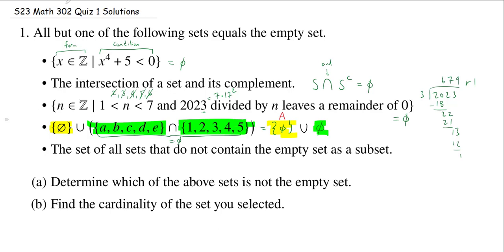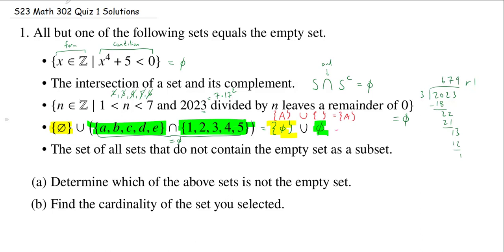But again, let me rewrite this using our other notation for the empty set, which is just the braces with nothing in between. So I'm taking a union of the set containing A and a set containing nothing else. And when I take such a union, what are all the elements that are in either one of these? The answer is, there's just one element, namely A.